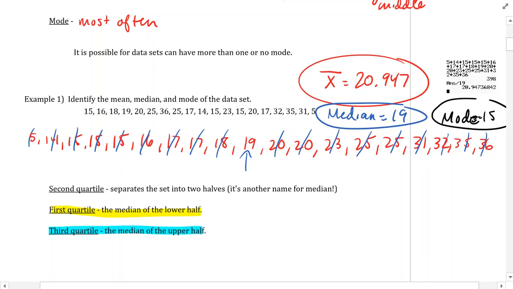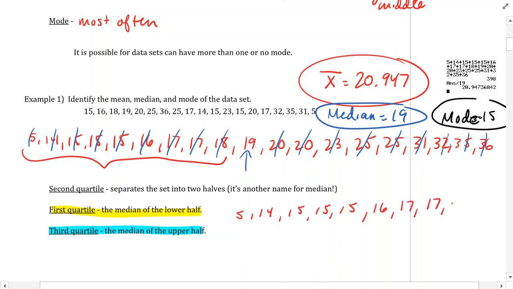Now, second quartile is a new name for something we already know. It's another name for our median. Now, first quartile wants me to find the median of this lower half of my data. So this is only half of my data. Notice I exclude 19.